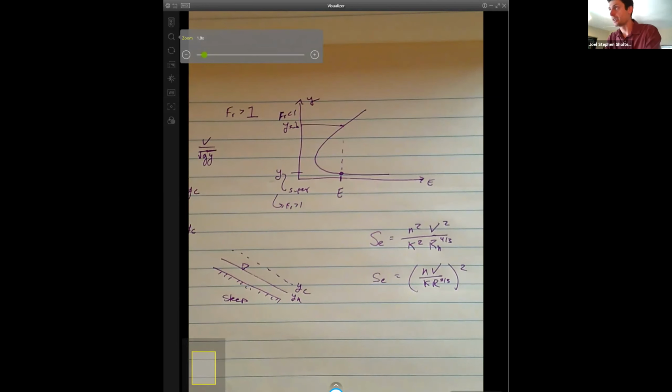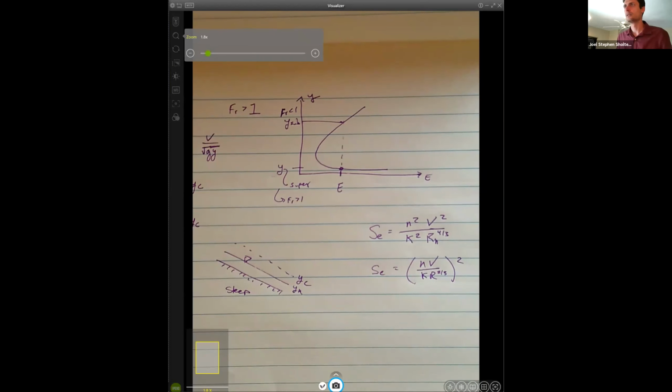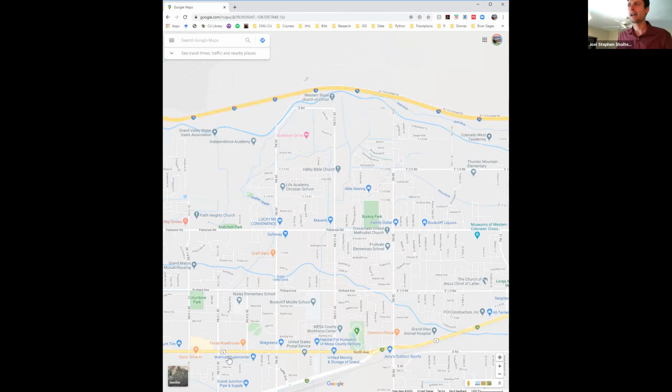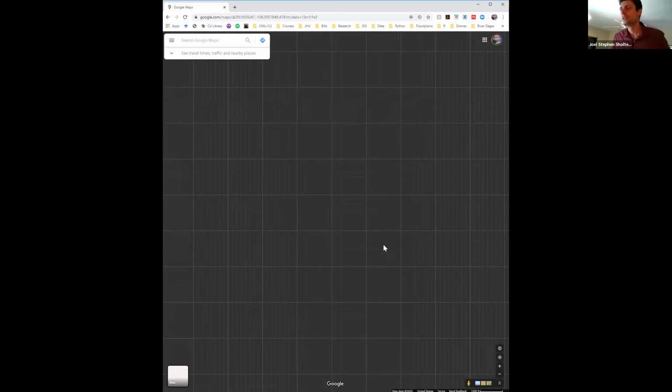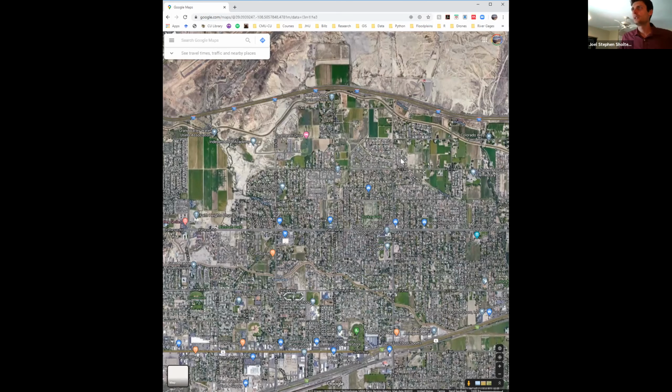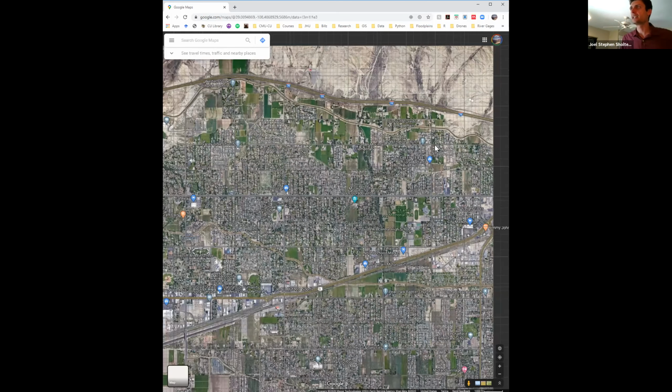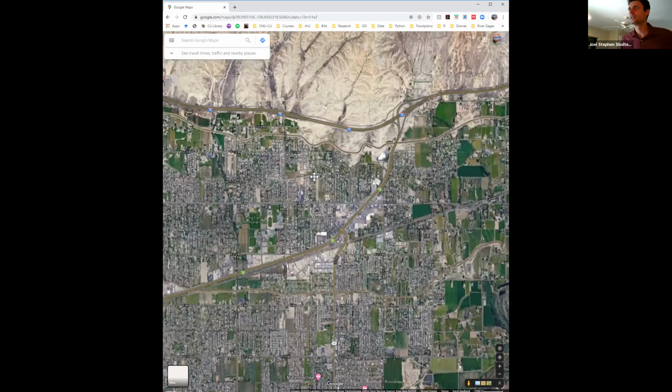Okay, I'm just going to share my screen super quick. We're going to look at the canal that runs through the Grand Valley. There are many canals that run through the Grand Valley.